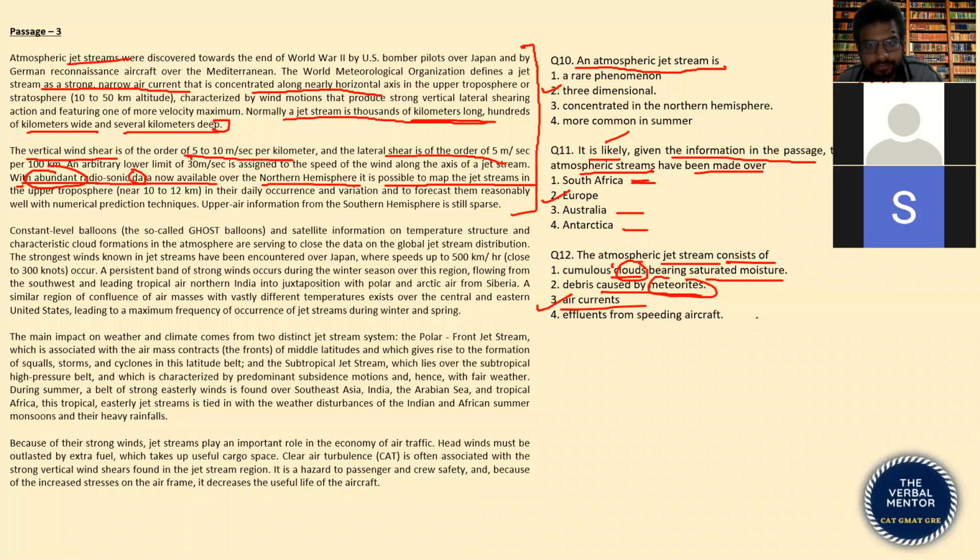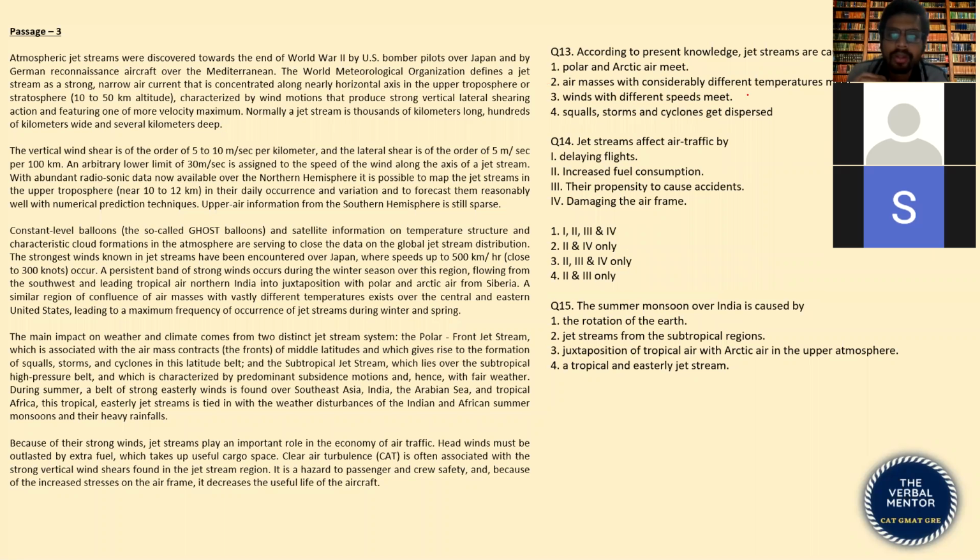Okay. According to present knowledge, jet streams are caused when? Okay. Maybe for this one, finally, I have to do some brain exercise. I will have to use some brain muscle. Jet streams are caused when? When are they caused? Hmm.